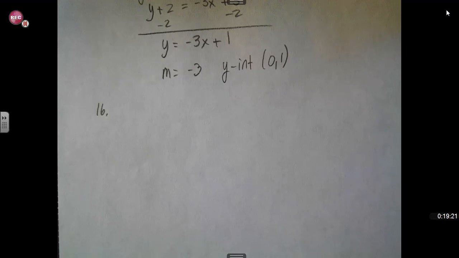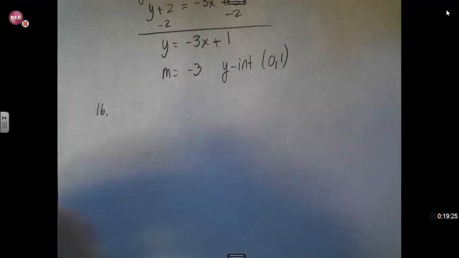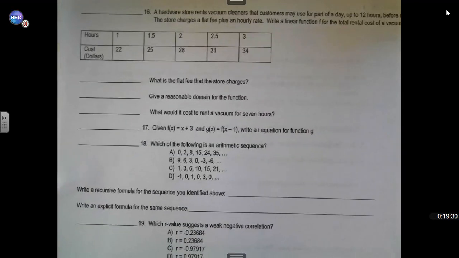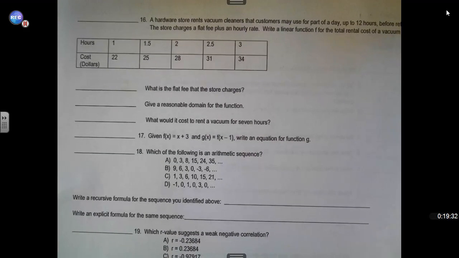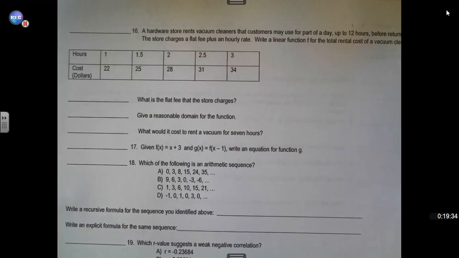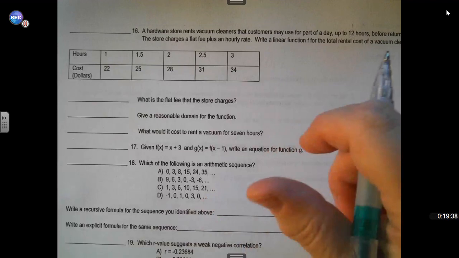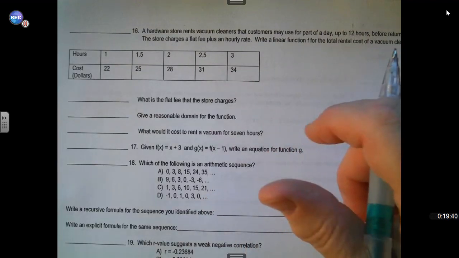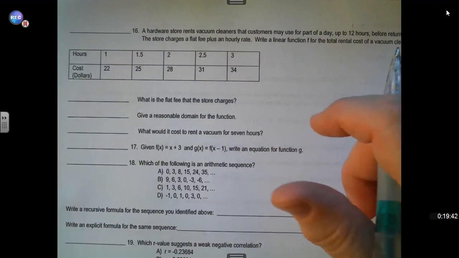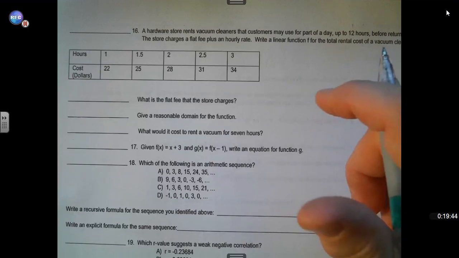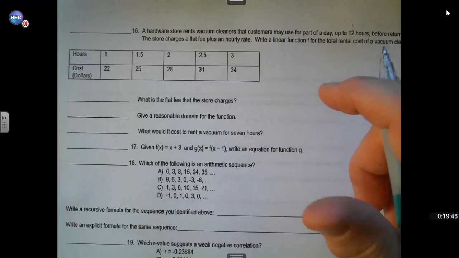Write a linear function f for the total rental cost of a vacuum cleaner. I'm going to go ahead and pull this paper over here and do the work on the actual worksheet. So what they're asking us for there is to define the slope and the y-intercept, and write the equation of the line.